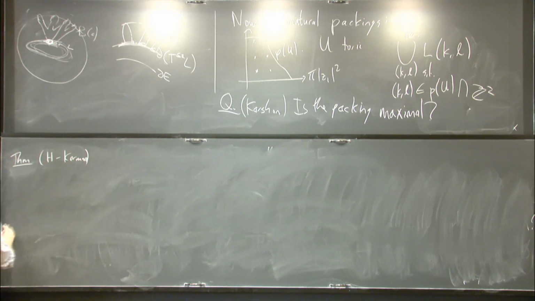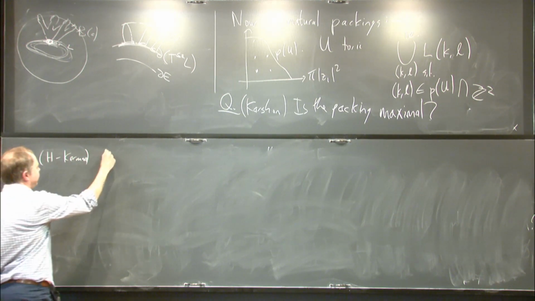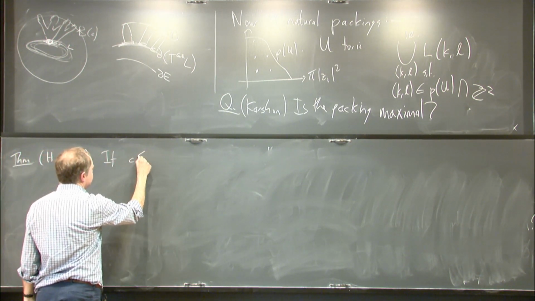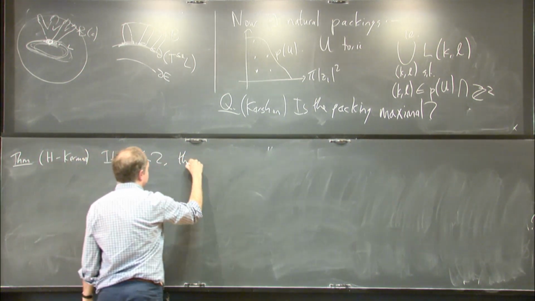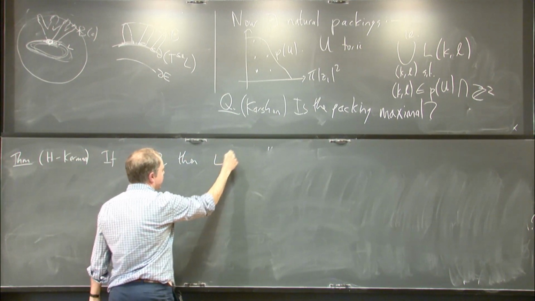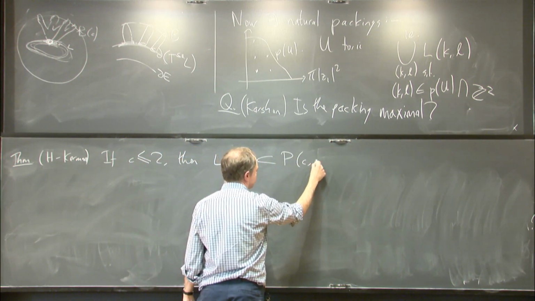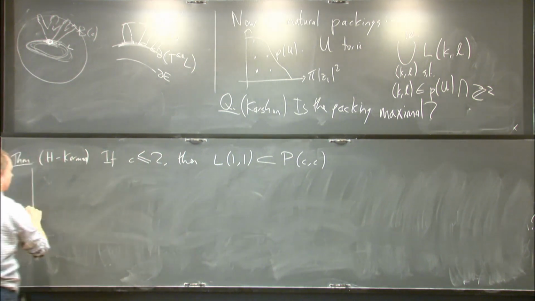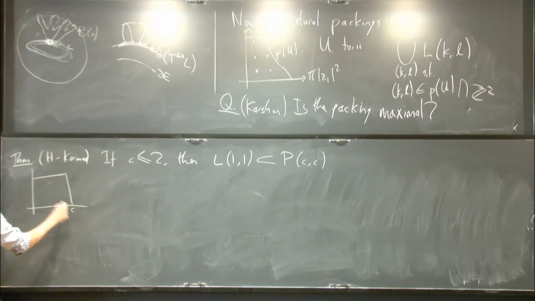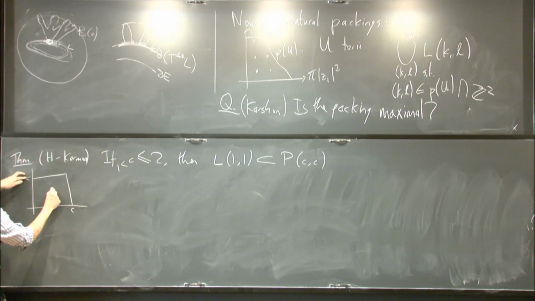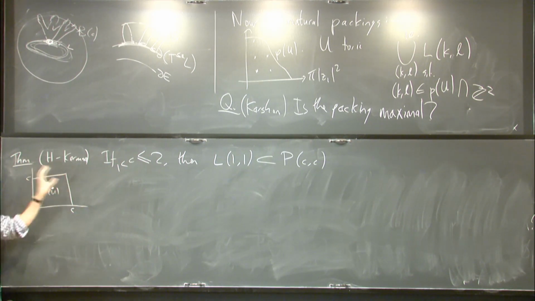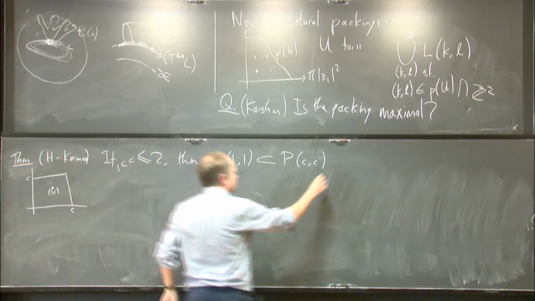So if c is less than or equal to 2, then you can look at just the (1,1) Lagrangian that's sitting inside P(c,c). P(c,c) is just the square. I guess I'm assuming c is bigger than 1 here. Then you can take L(1,1) inside there. And then I claim, yes, that is maximal.